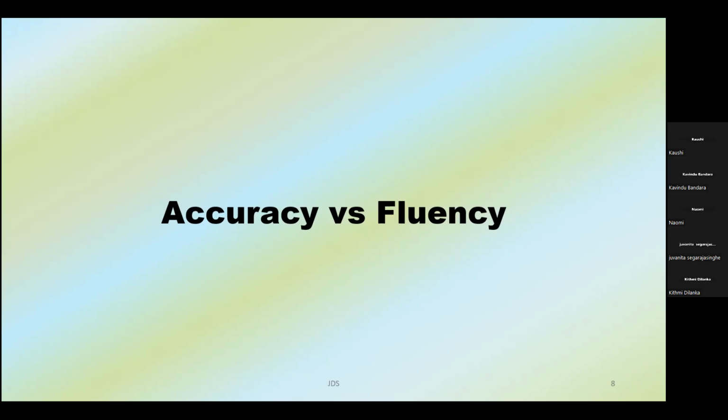You can convey it at different speeds. You can stop for a while, think, and then come out with your idea. Or at once, you can just completely express your idea. It doesn't matter.